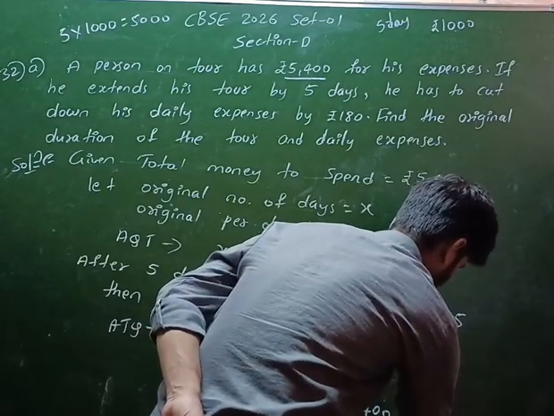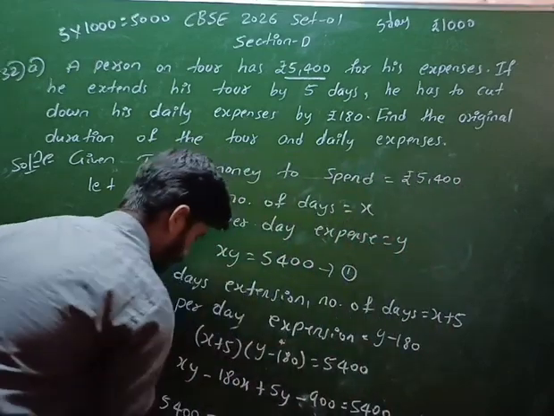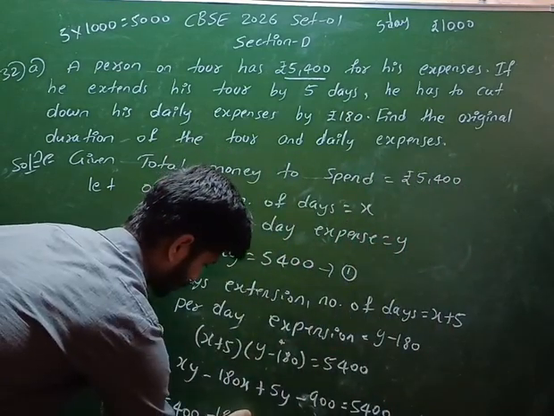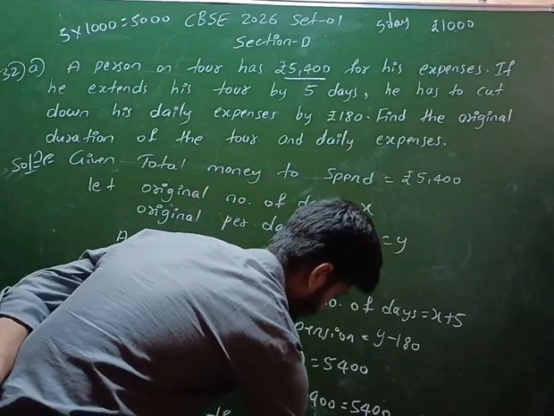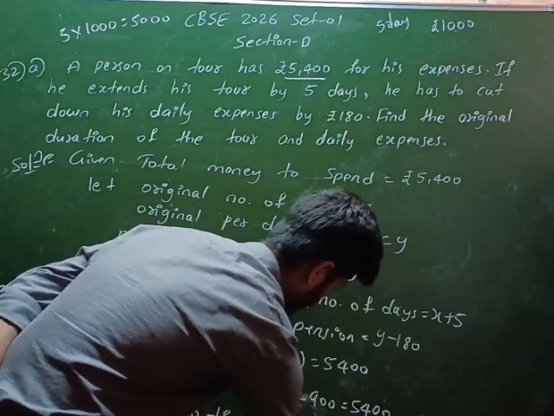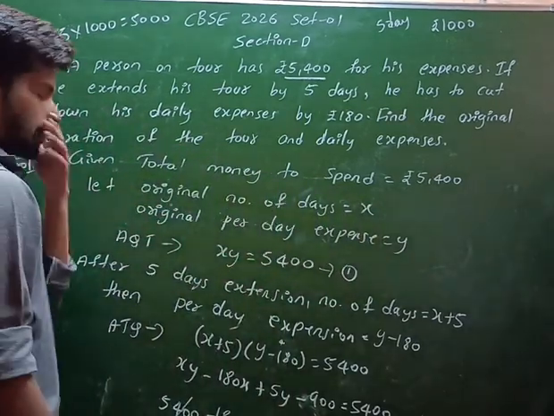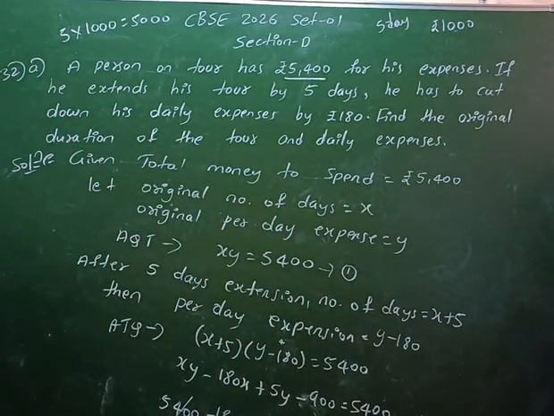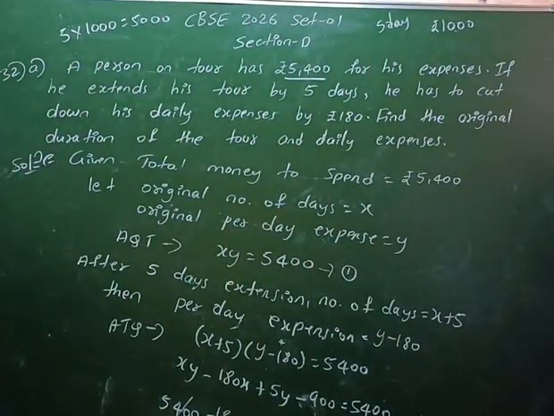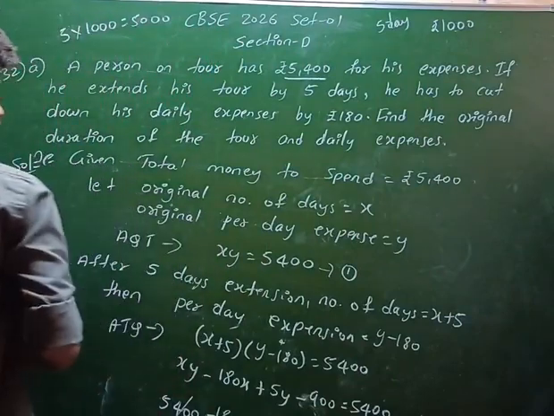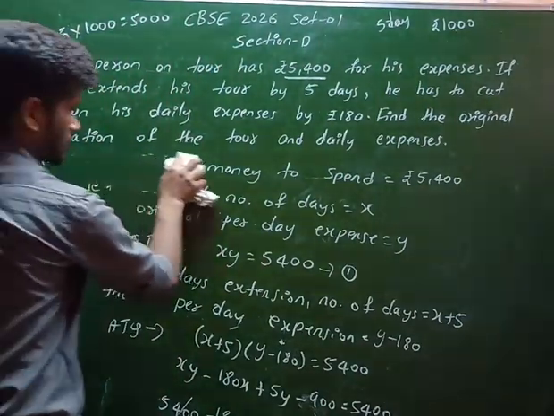So now here, 5,400 minus 180x plus 5y minus 900 equals 5,400. These two will get cancelled. This much, if you want, you can write. I will rub it now. Shall I rub this part?